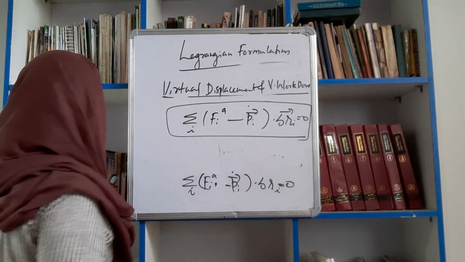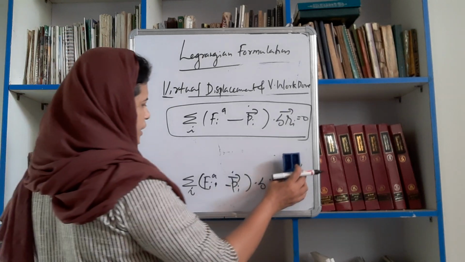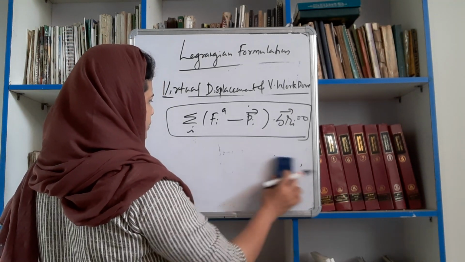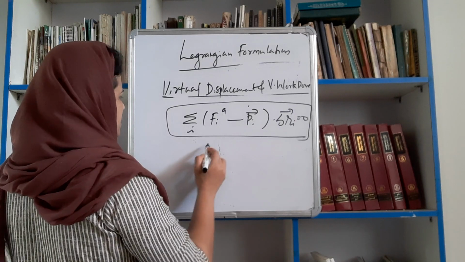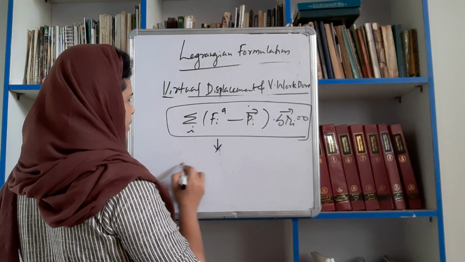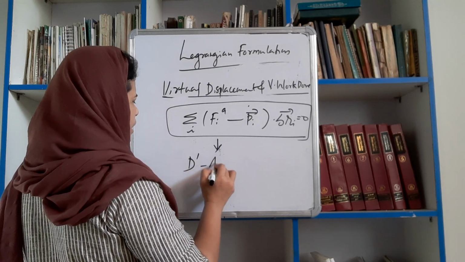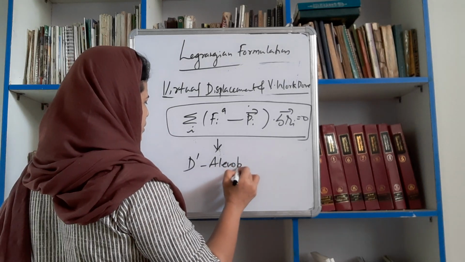This equation is a very important expression, and using this expression we can derive the Lagrangian form of the equation. This equation is named D'Alembert's principle.